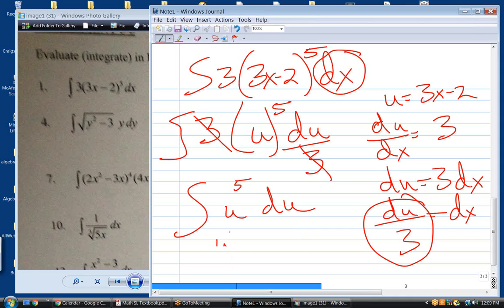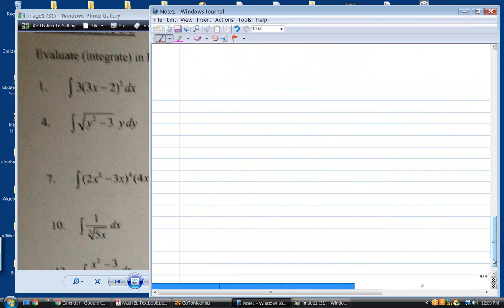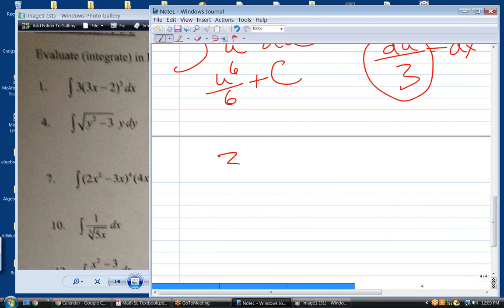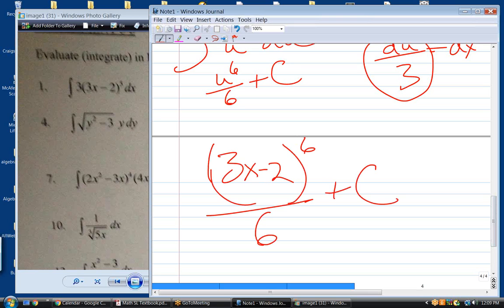U to the 6 over 6 plus c. Now we go back and resubstitute. Our u was 3x minus 2. So our answer really is 3x minus 2 to the 6th divided by 6 plus c. And there is our answer.